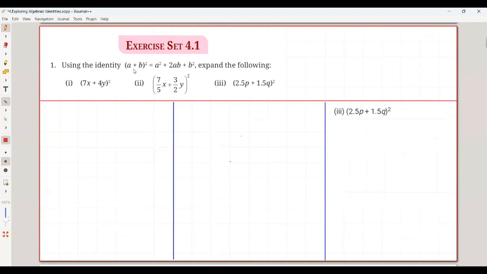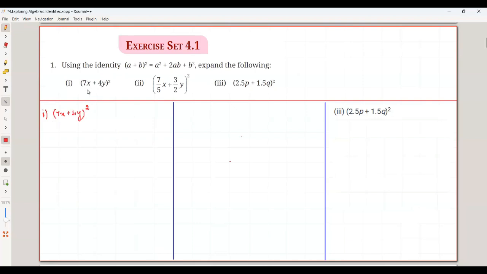Using the identity A plus B the whole square is equal to A square plus 2AB plus B square, expand the following. Given is 7x plus 4y the whole square.